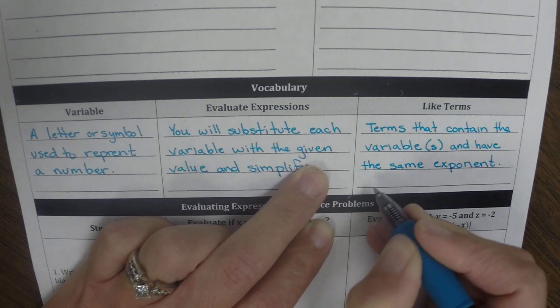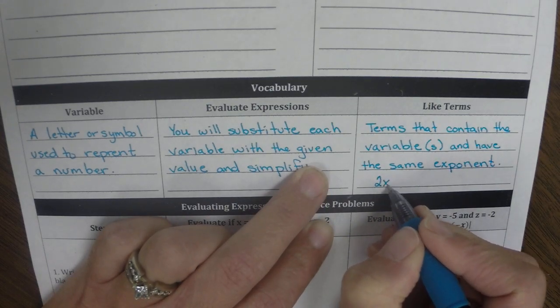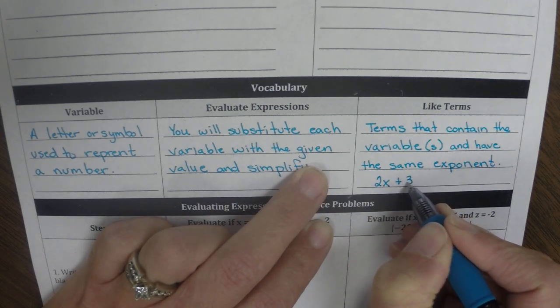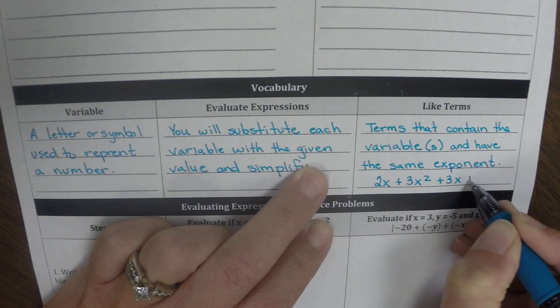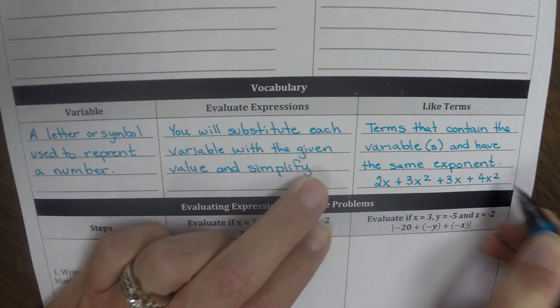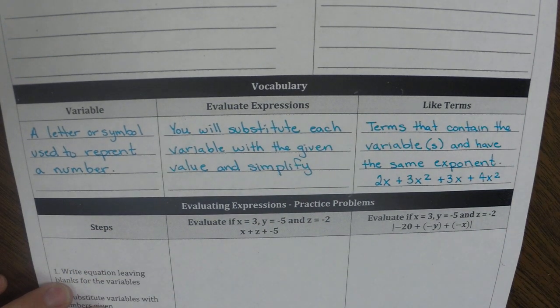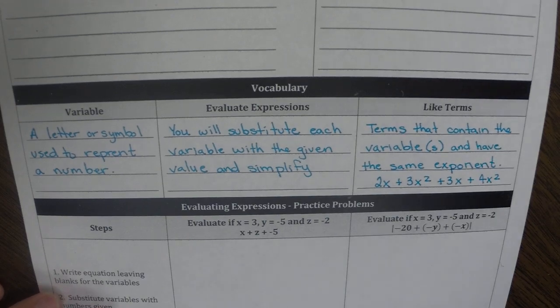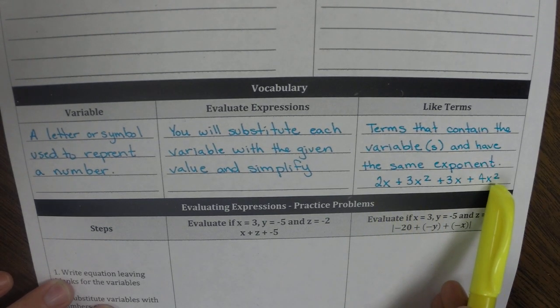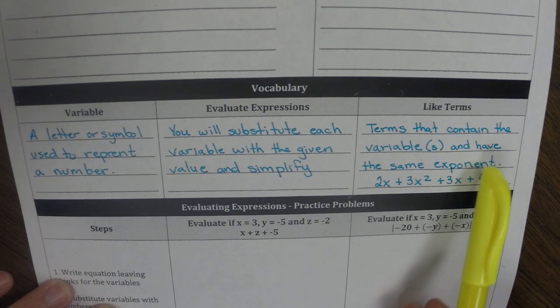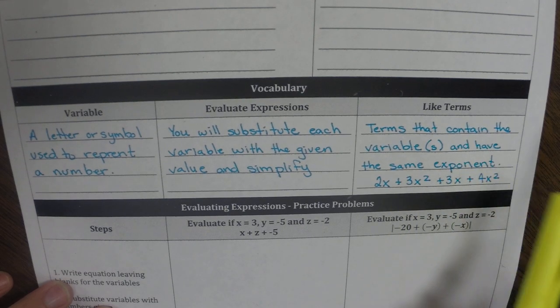So for instance, if I had 2x plus 3x squared plus 3x plus 4x squared. And we were trying to pick out like terms. If we only said it had to contain the same variable, then we would say that all of these are like terms. But the second part says it has to have the same exponent.